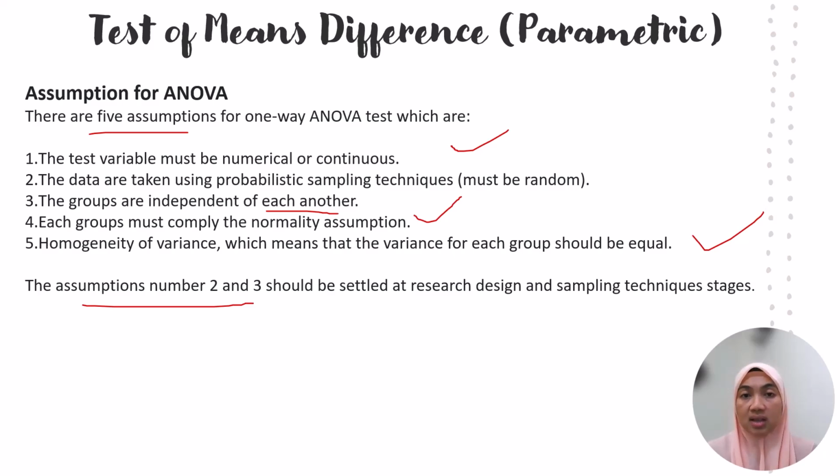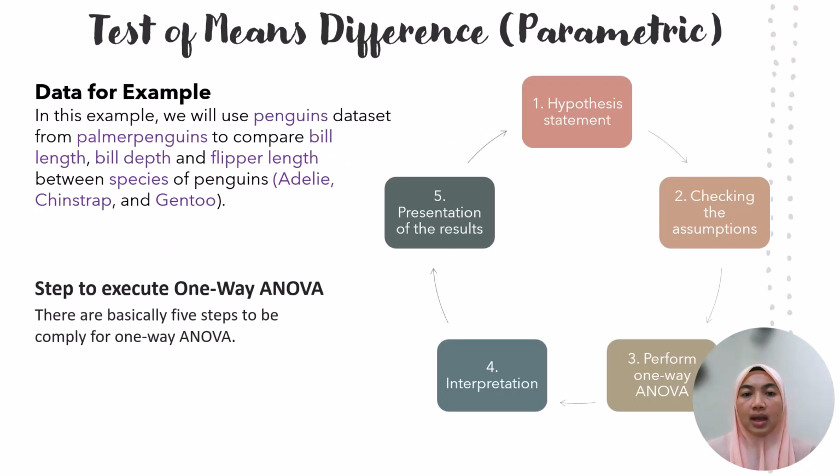You need to remember that assumptions 2 and 3 should be settled at the research design and sampling technique stages. Let's use the penguin dataset to analyze the one-way ANOVA test. In the one-way ANOVA test, we have 5 steps. The first is the hypothesis statement. The second is checking the assumptions. The third is performing the one-way ANOVA.